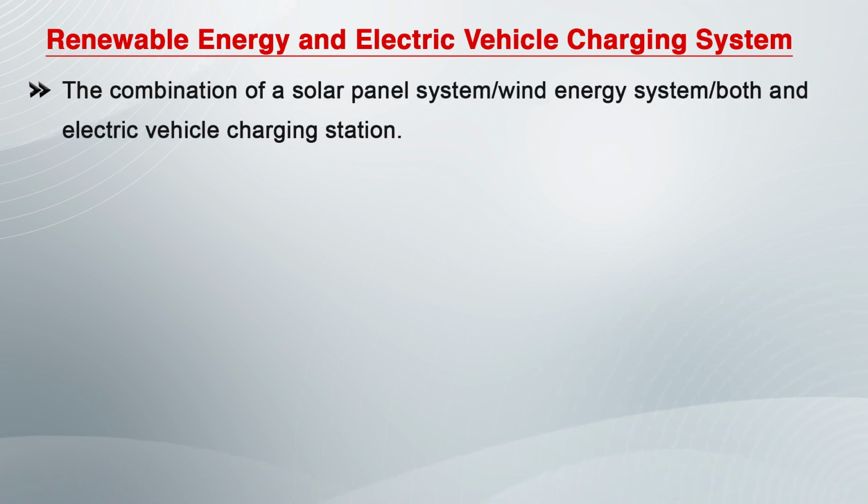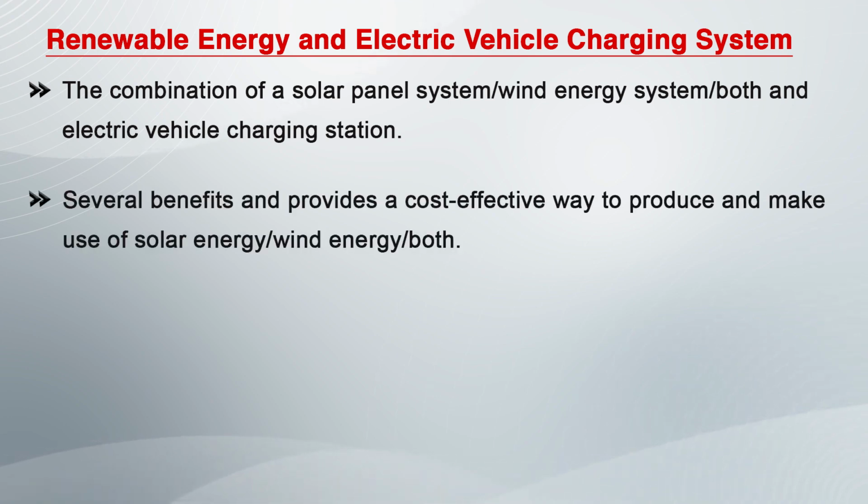The combination of a solar panel system or wind energy system or both and an electric vehicle charging station brings several benefits and provides a cost effective way to produce and make use of solar energy, wind energy or both. So, both types of renewable energies, solar energy and wind energy, can be integrated into an EV charging station.